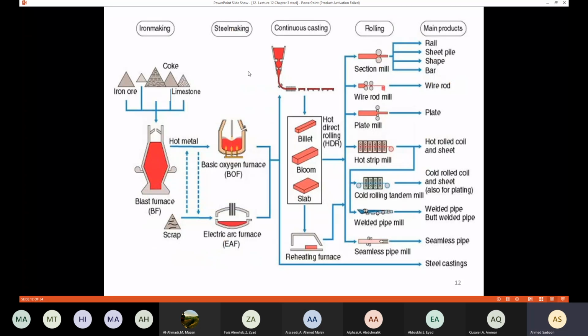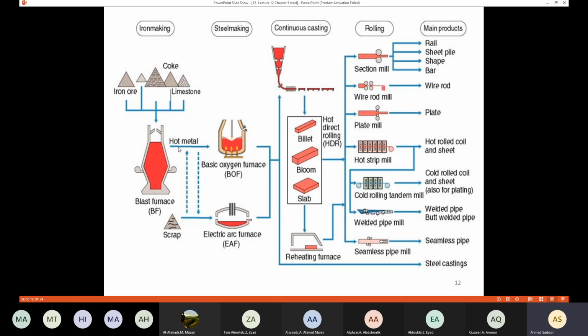Here we have a graph that can summarize the process. First, I need to have iron ore, coke, and limestone. I'm going to put them in the blast furnace. Then I'm going to have the molten iron, the hot metal.